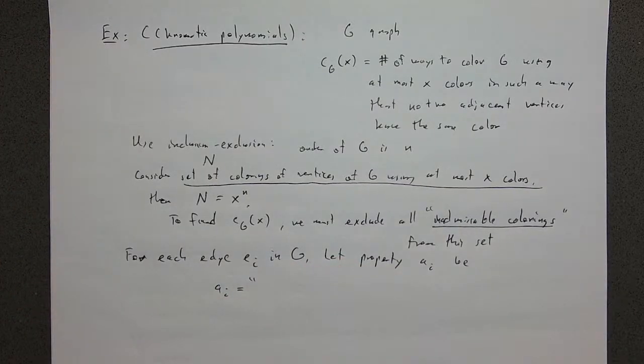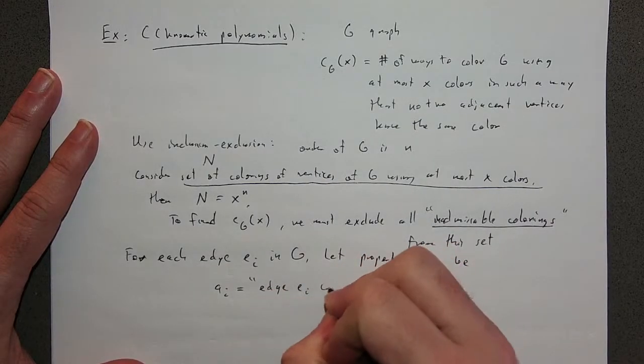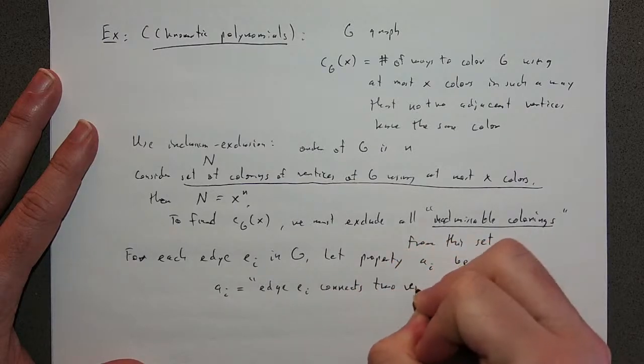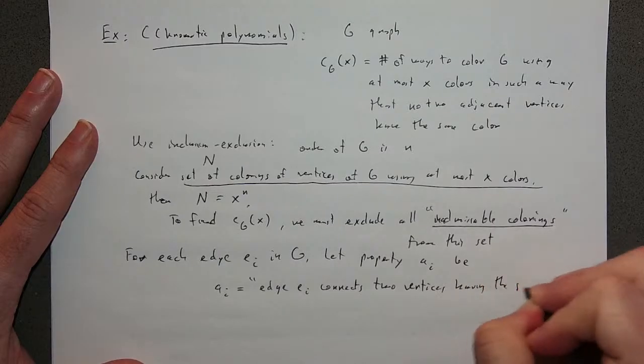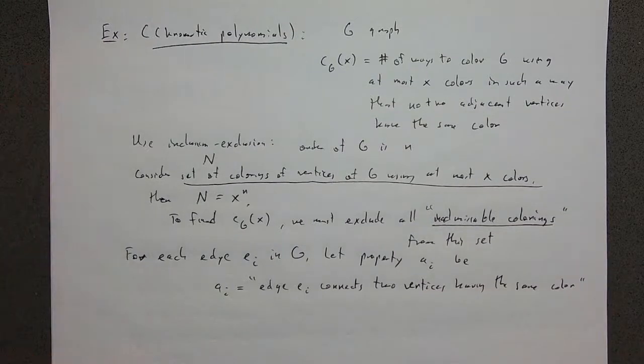A sub i is: edge E sub i connects two vertices that have the same color. Okay. So edge E sub i connects two vertices having the same color.